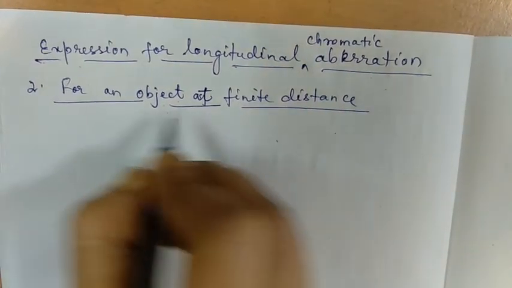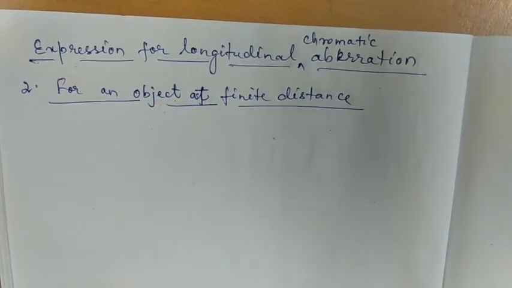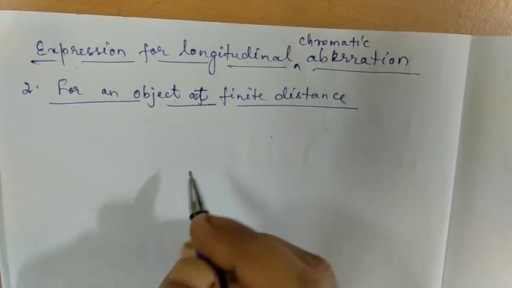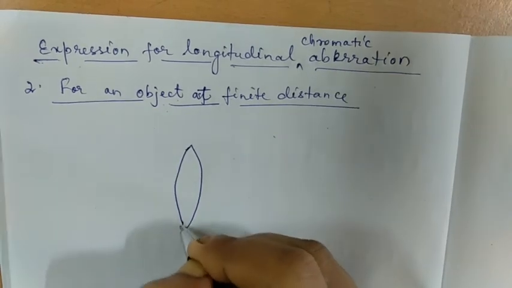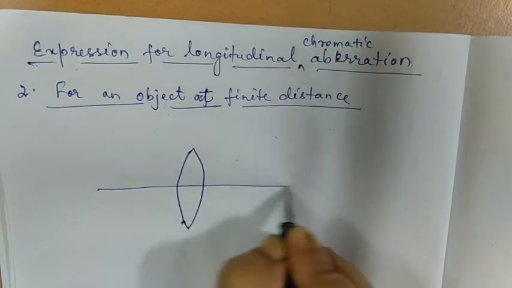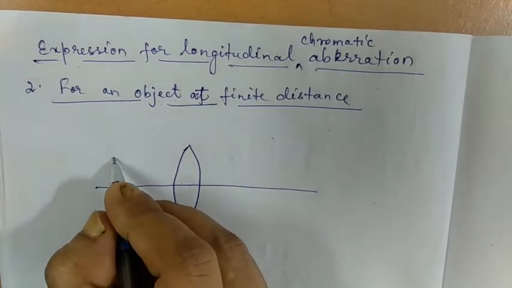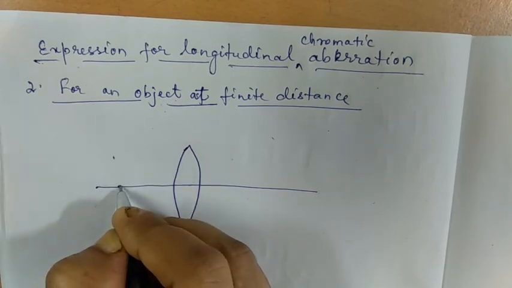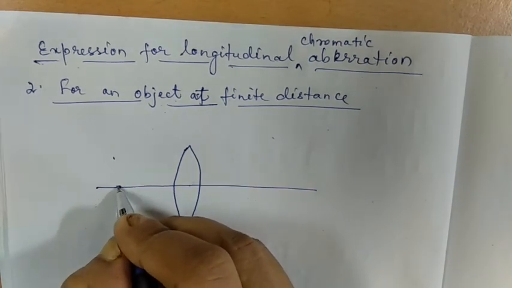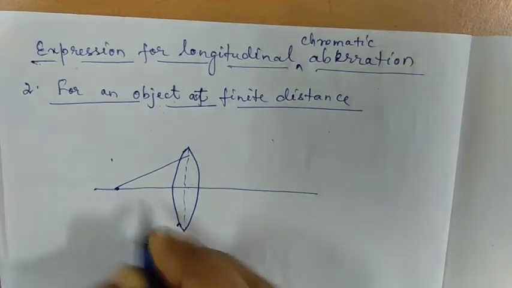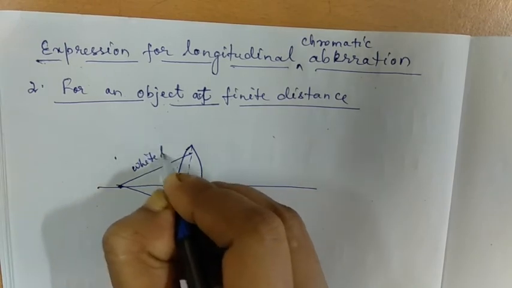So the second case is for an object at finite distance. Consider an object placed on the principal axis of a lens, so let's draw a figure for it. The point object is at a finite distance, and this is the white light we are using.